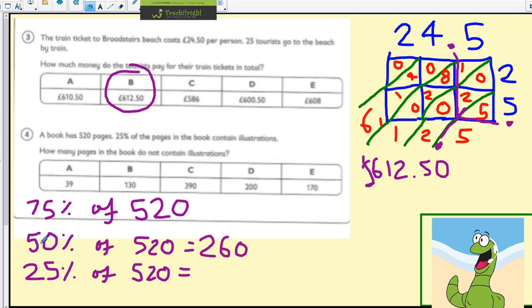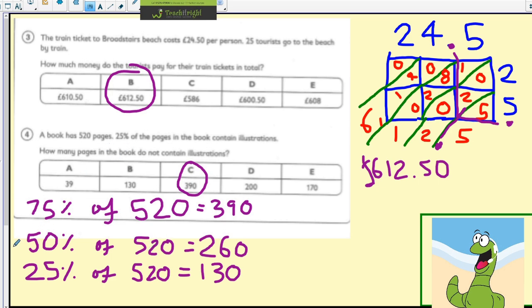Because if you look, well, half of 50 is 25, so whatever half of 260 is will be my answer, so that's 130. And if I now want to know what 75 is, well, if I add 50 and 25, I'd get 75. So if I add my two numbers here together, I get my answer of 390 pages. Makes my answer C. I think that's the nicest way.